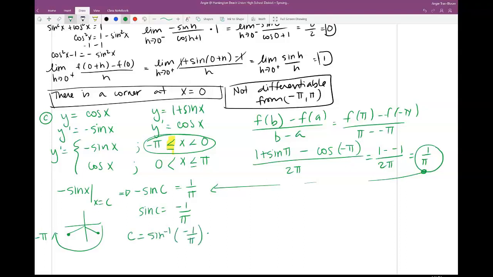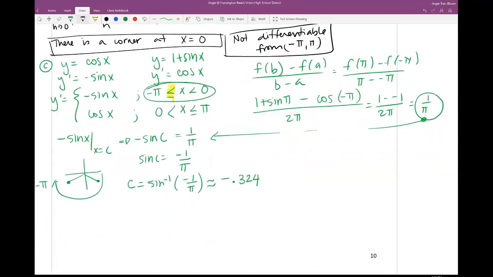The calculator is going to give me a decimal, negative 0.324. So that's this first angle right here, negative 0.324. I need to get this other angle. Well, that angle is that piece right there less. So how do you get that second piece? I'm going to subtract. It's still going to be a negative angle, so keep that in mind.